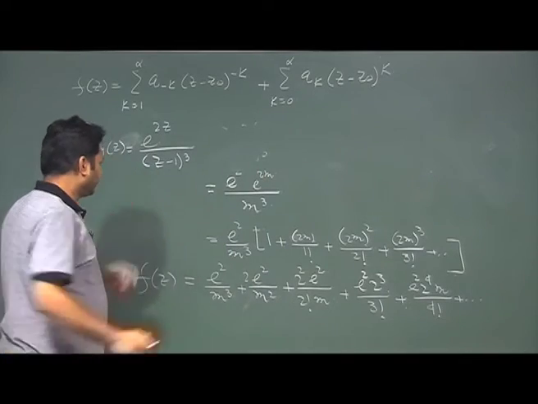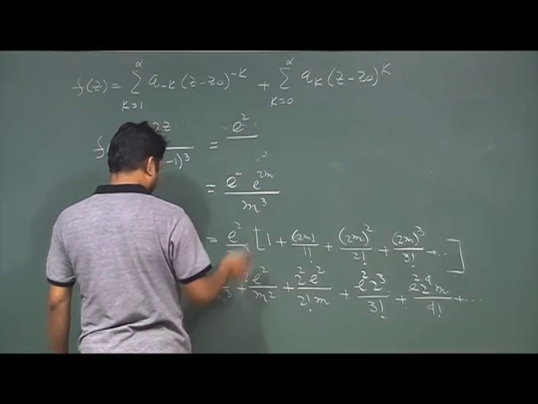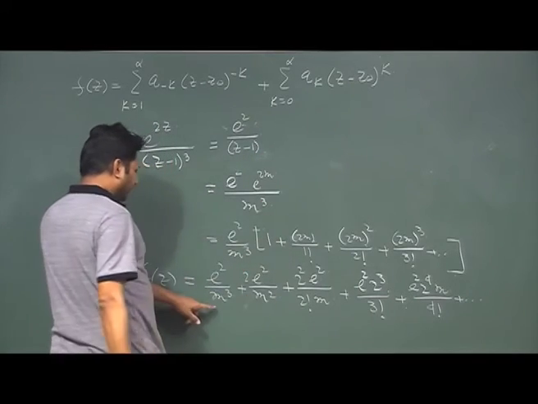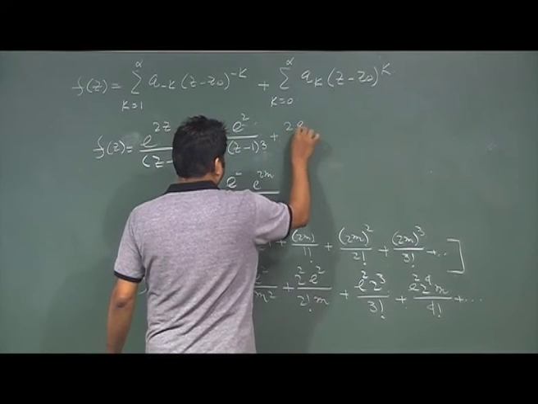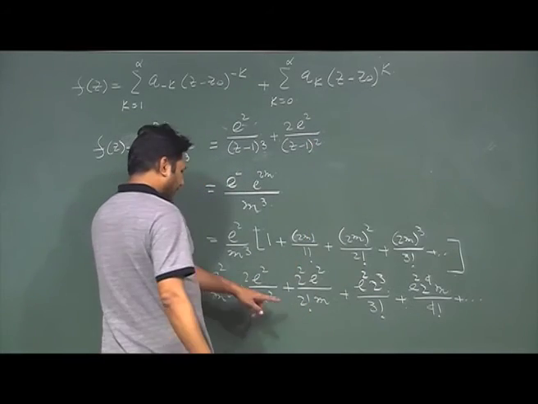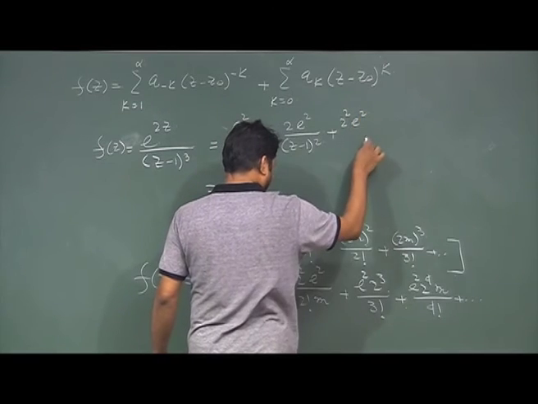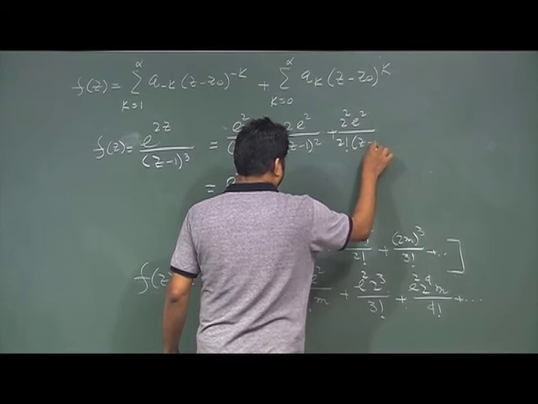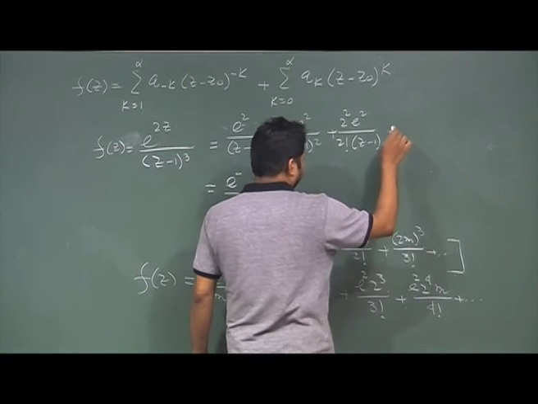Now, if I replace m by z minus 1, I will finally have the expression like this. The first term is e square divided by z minus 1 whole cube, the second term is 2 e square divided by z minus 1 square, the third term is 2 square e square divided by factorial 2 times z minus 1, and the fourth term is z independent.